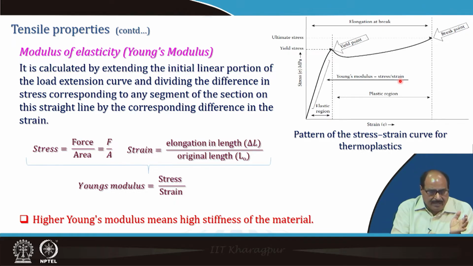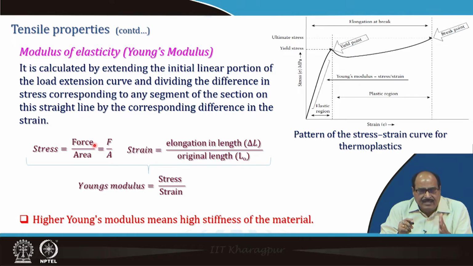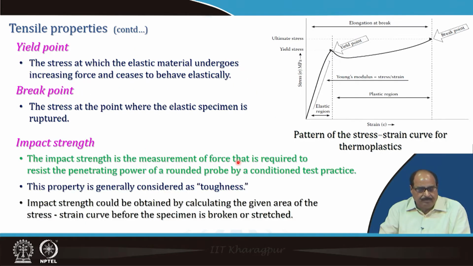Stress is defined by force by area, F by A, and strain is the elongation in length divided by original length. So, Young's modulus becomes stress by strain. The higher the Young's modulus of a material, the stiffer the material is.